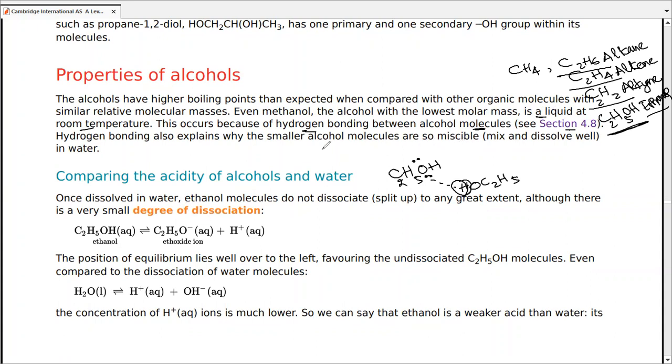So this also explains why the smaller alcohol molecules mix and dissolve well in water, which means, as we have studied back in IGCSE as well as in AS, that all small alcohols are very much miscible in water in all proportions.